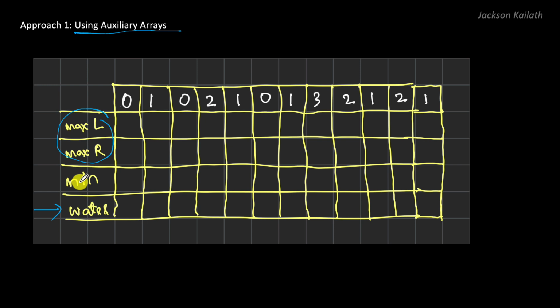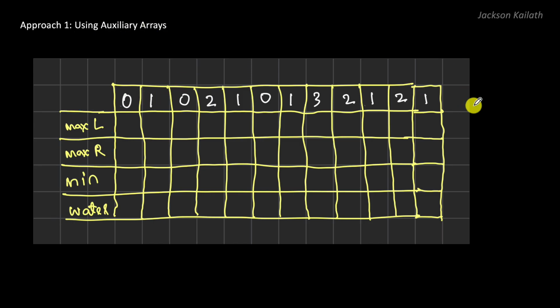Now, using two auxiliary arrays, we are just implementing this straightforwardly, and instead of computing left max and right max for every index again and again, we are just going ahead and storing it as we compute it. So this is a dynamic programming approach. Okay, now again it's pretty straightforward. So let's quickly walk through what we would do in this approach using this example.